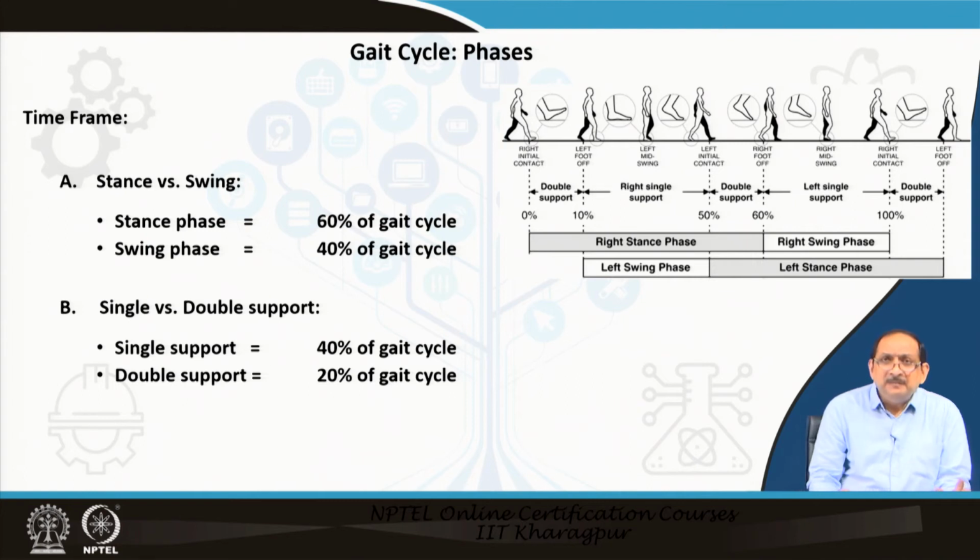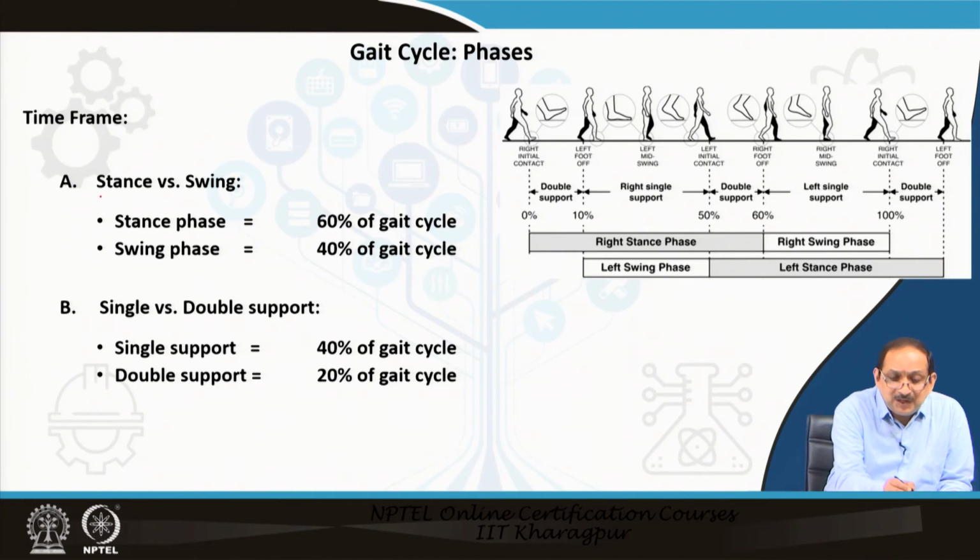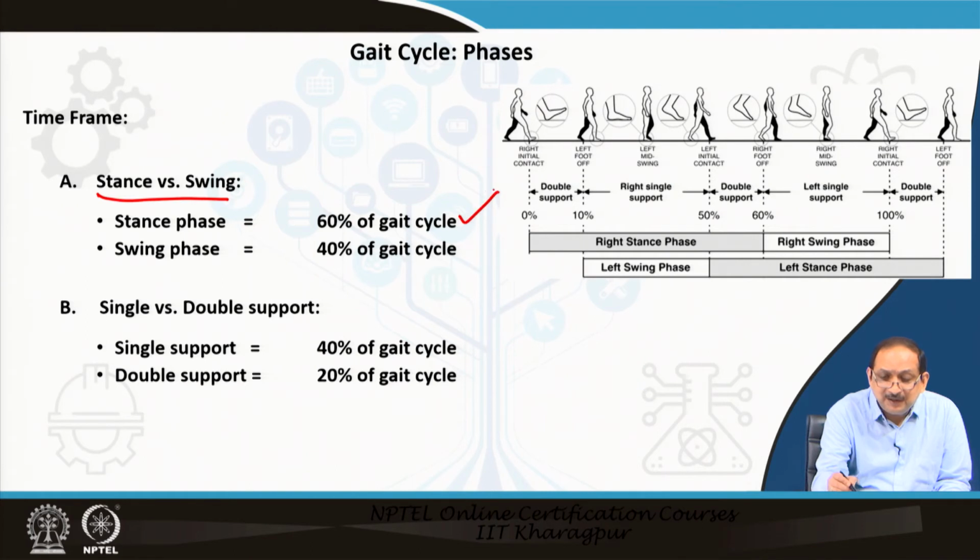Now, the time frame corresponding to the phases of the gait cycle is presented here. The stance phase, as I indicated earlier, is 60% of the gait cycle, whereas the swing phase is 40% of the gait cycle. Single versus double support phases: in single support, only a single leg is in contact with the ground.